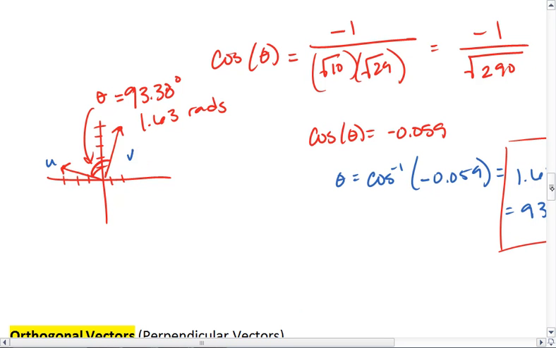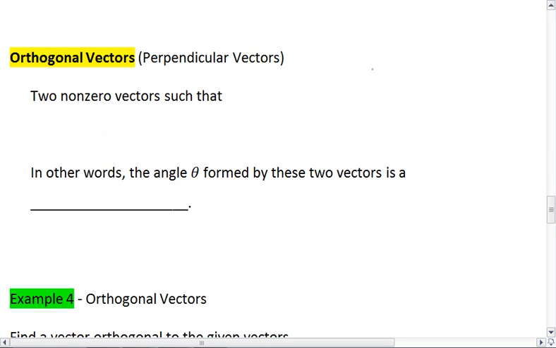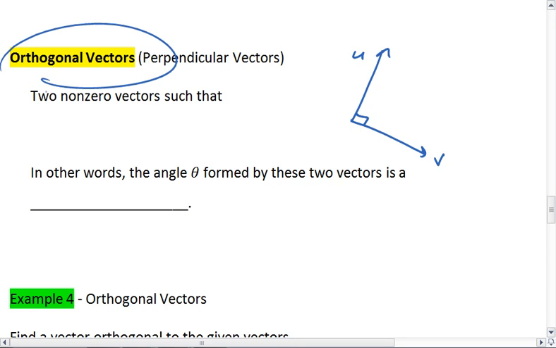Right, there's something nifty that happens, and yes, I use the word nifty, when we have two vectors that are perpendicular to one another. And if vectors are perpendicular, they're called orthogonal.